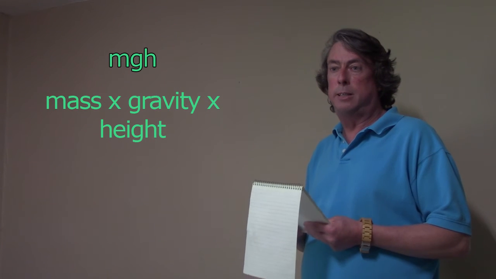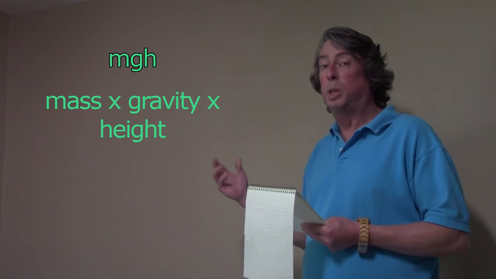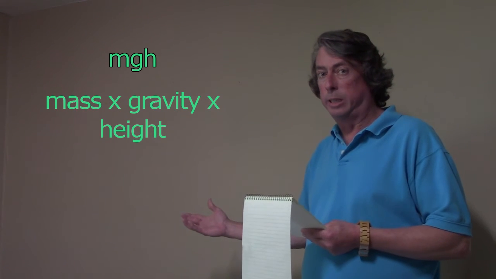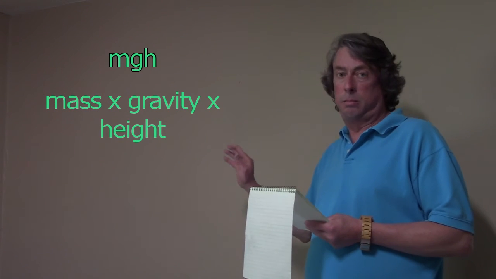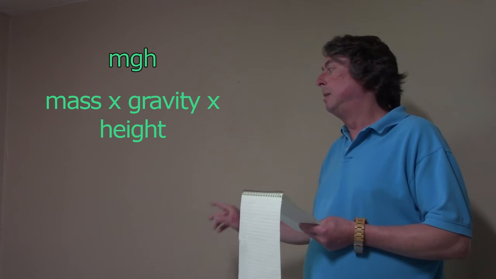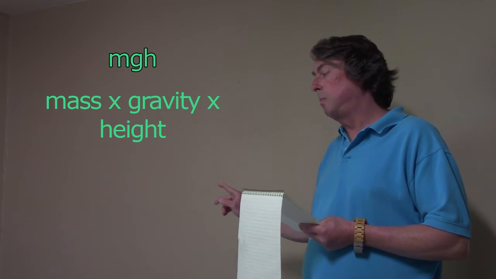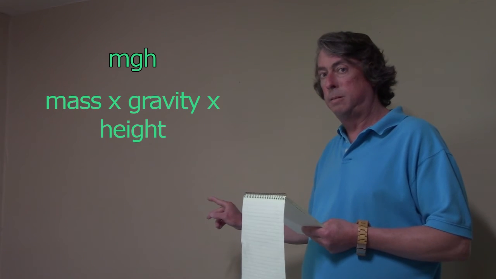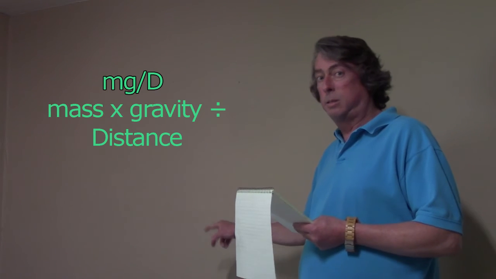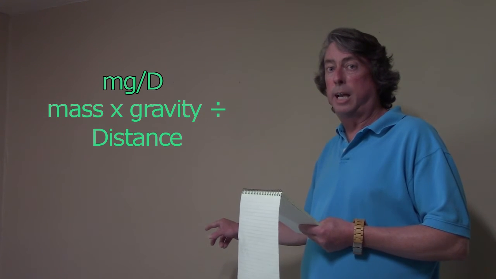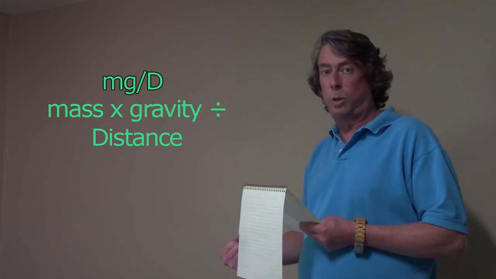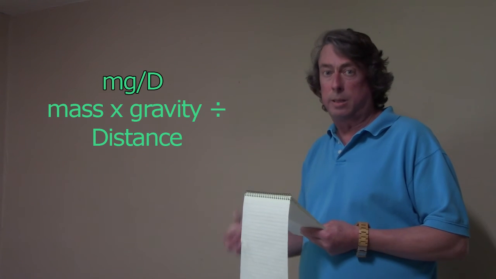If we want this formula to be completely correct, then we need to update the formula for potential energy to consider distance, like we did our magnets. Then we can say mass times gravity, that relationship is always the same, divided by distance. In this case, it's not the distance from the surface of the Earth, it's the distance from the source of the gravity, the core of the Earth in this case.